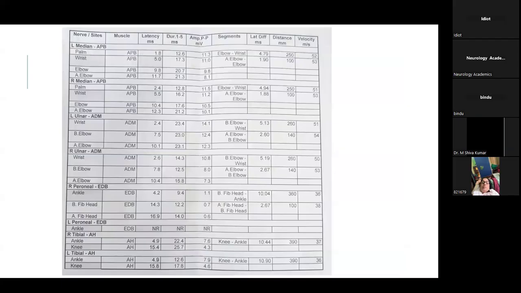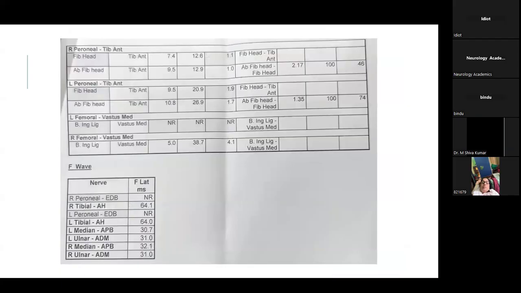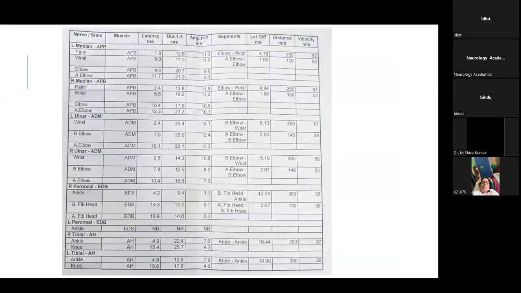What do you think is the process? In the upper limb there is median involvement and ulnar is spared, so bilateral median neuropathy is present, probably CTS.